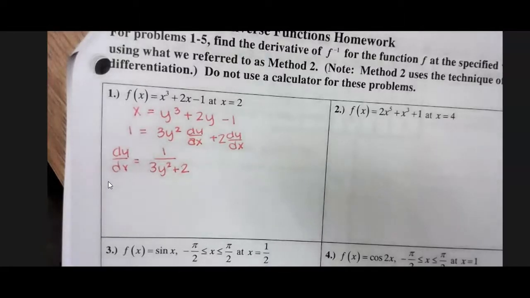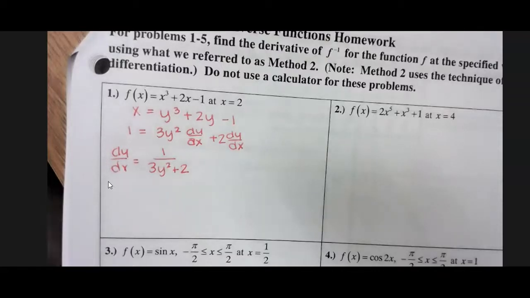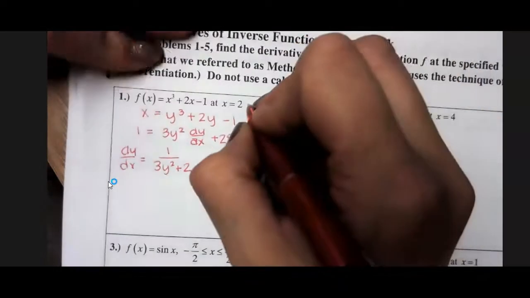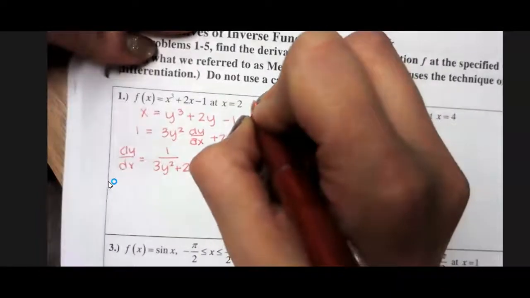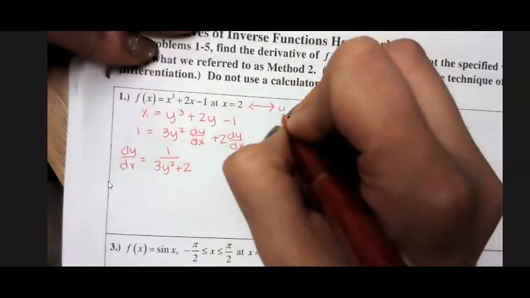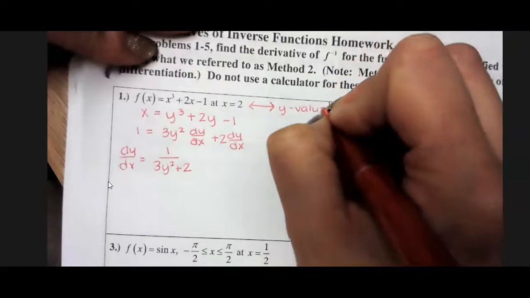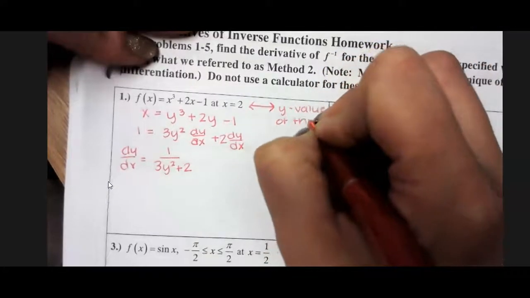So it asked you to find the inverse derivative at x equals 2. So that x equals 2 is really like the original x value. So if you're finding the derivative of the inverse, the x value of the original becomes the y value of the inverse.